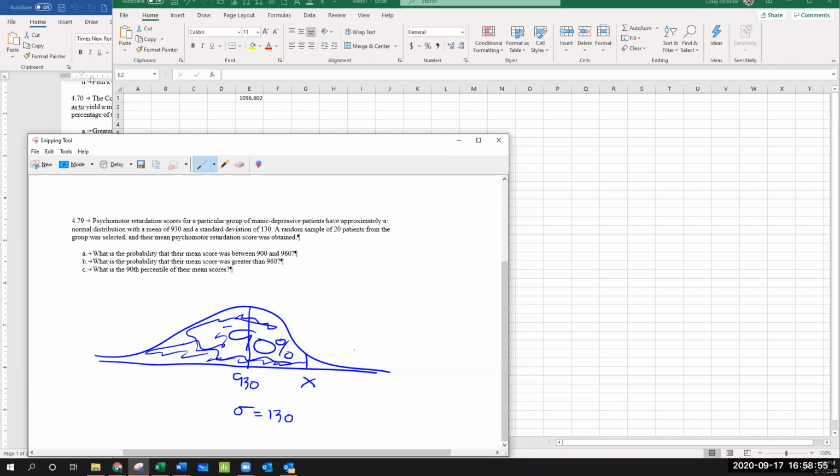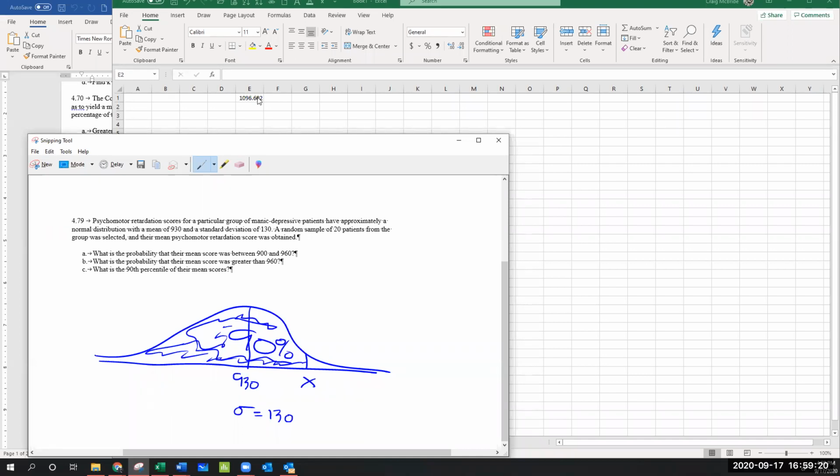So that'd be the 97.5th percentile. So we know this answer lies somewhere between 1 and 2 standard deviations above. One standard deviation above would be 1,060, and two standard deviations would be 1,190. So we know it's somewhere between those two, and of course it came out to 1,096, right where it should be.